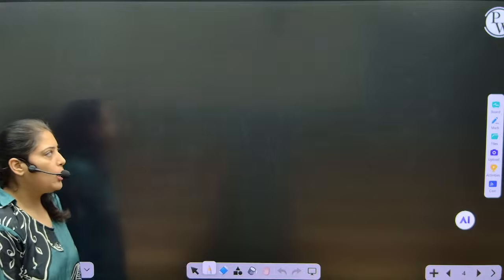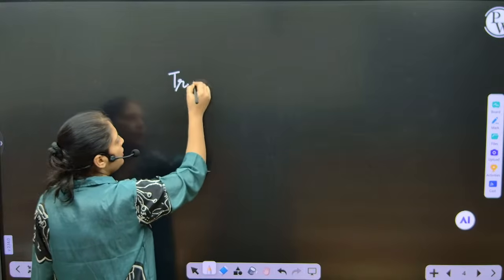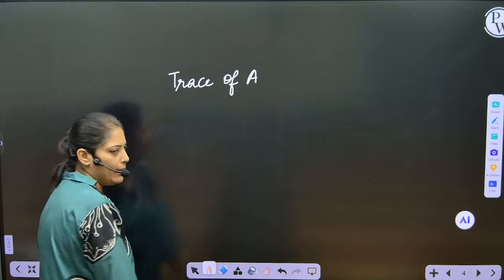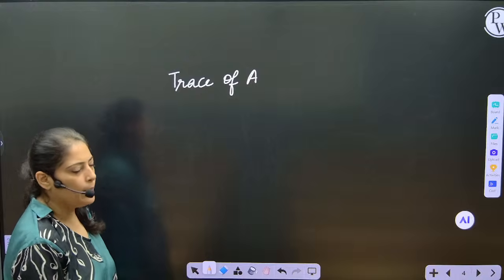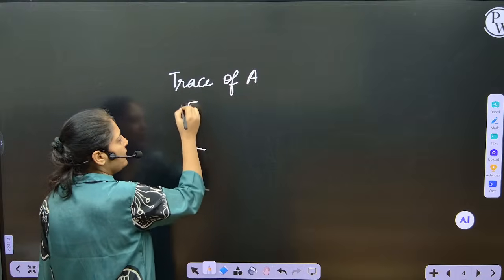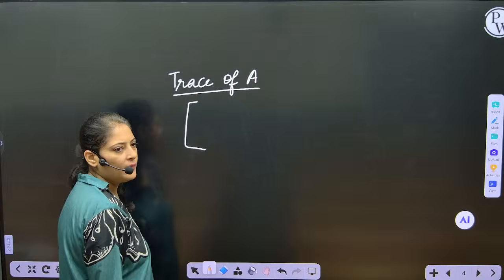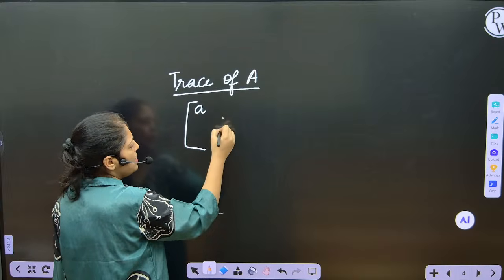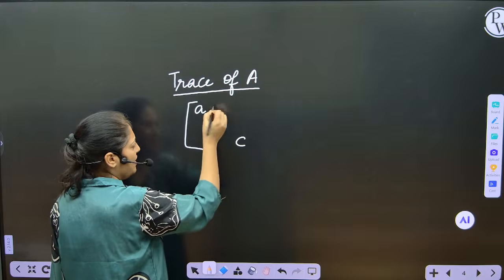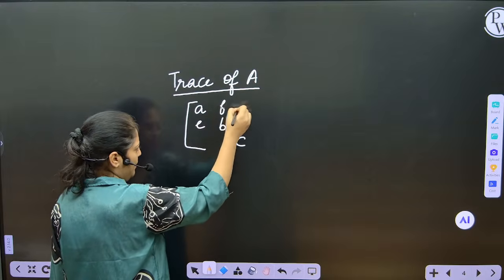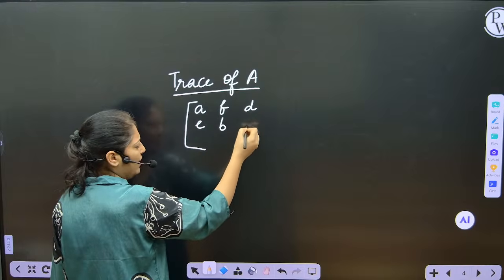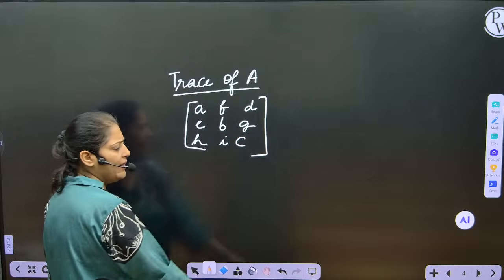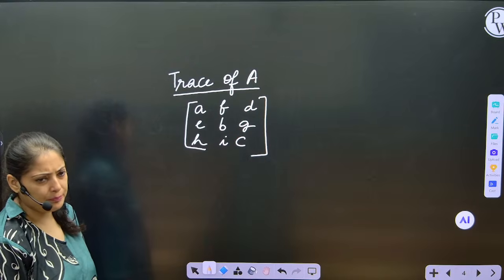Next, I am going to talk about the trace of a matrix A. This is very easy, a simple topic. Suppose the elements are of this kind: A, B, C, and the rest can be anything, E, F, G. Any matrix is there.